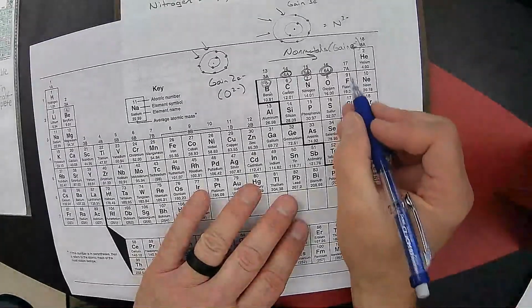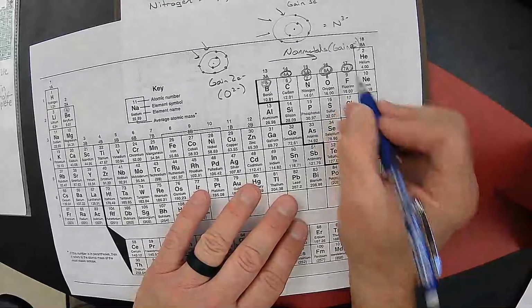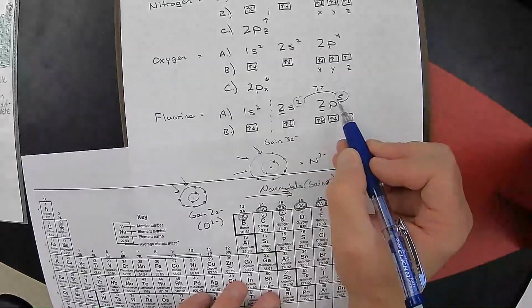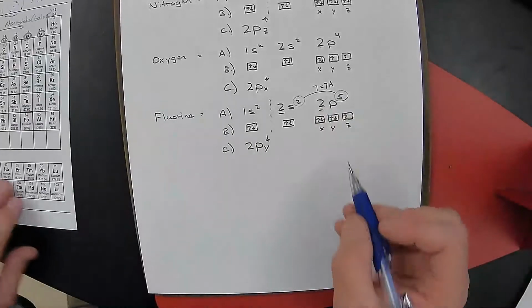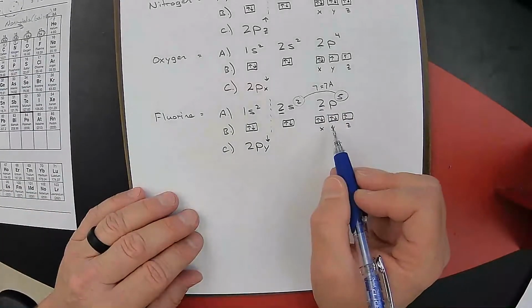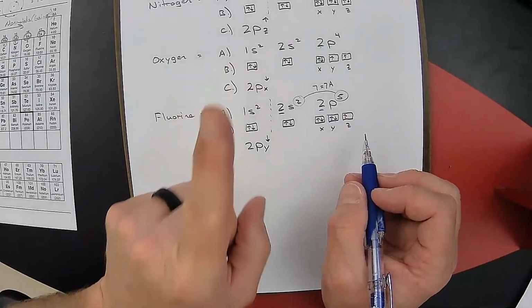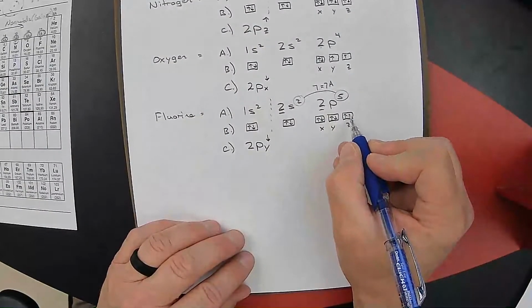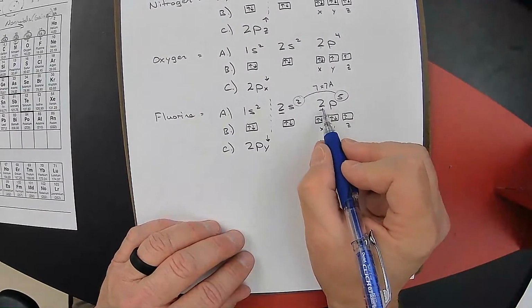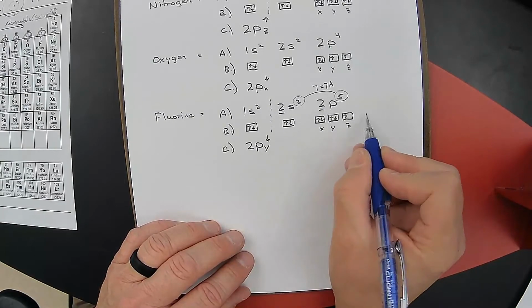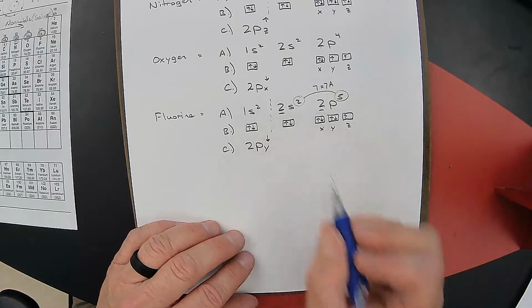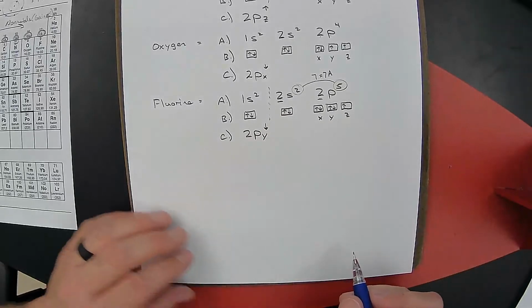Why 7 valence electrons? Because fluorine is in column 7a. Those are the 7 valence electrons. If we were to look at what fluorine would want to do, it would want to gain 1 electron. Why would it want to gain 1 electron? To put into the 2pz orbital, and then all of its orbitals would be complete.